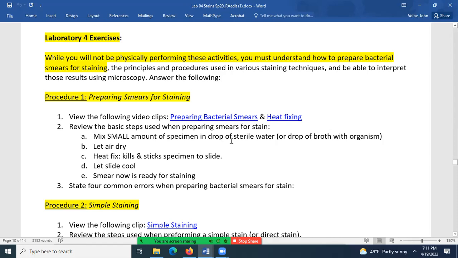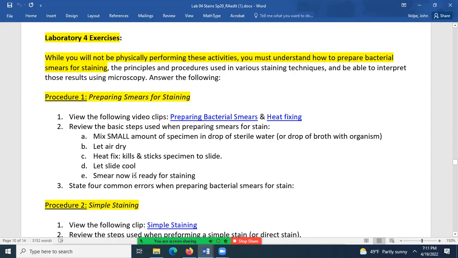If the organism already is in a liquid broth, all you add is a small drop of the broth. You then smear it around on the slide, let it air dry, and then you heat fix, let the slide cool, and now the bacterial smear is ready for staining. So that's what we do to make a bacterial smear.